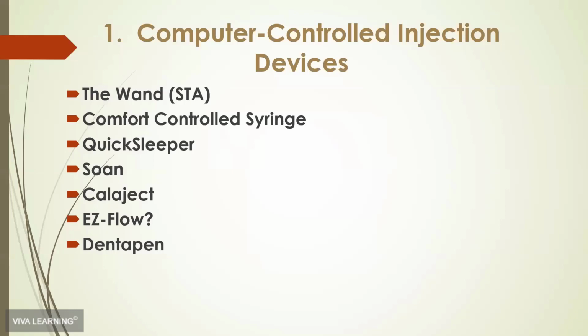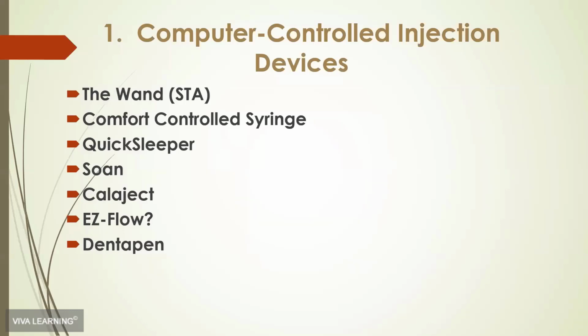Now, everything is going by way of computer. Computers are very meldable and adaptable and changeable, and as technology improves and we get better at developing these things, they're getting better as well. And there are 6 or 7 available to the dental marketplace.